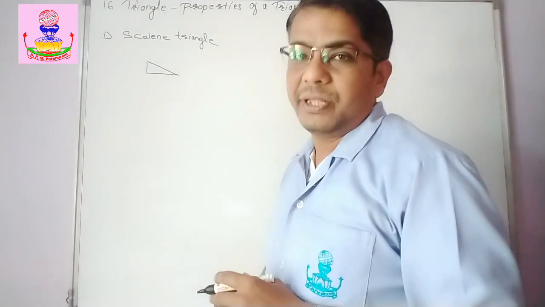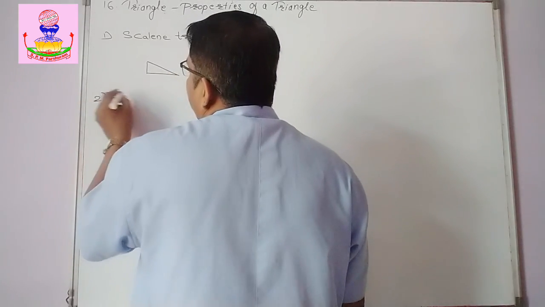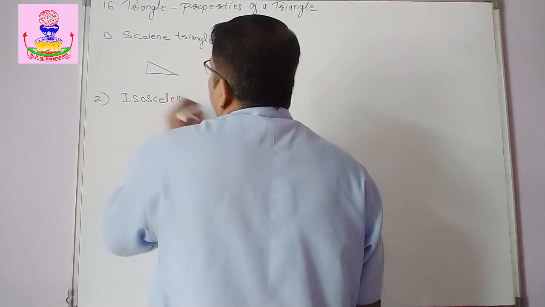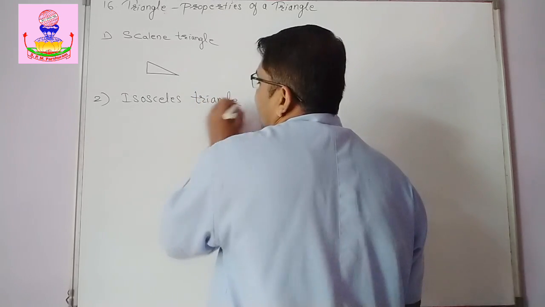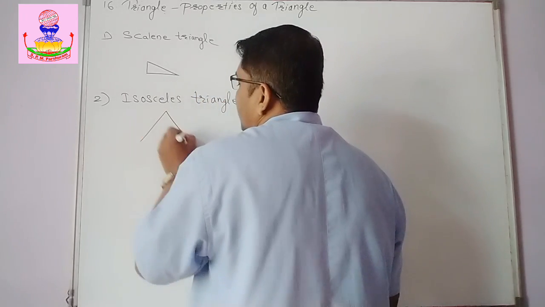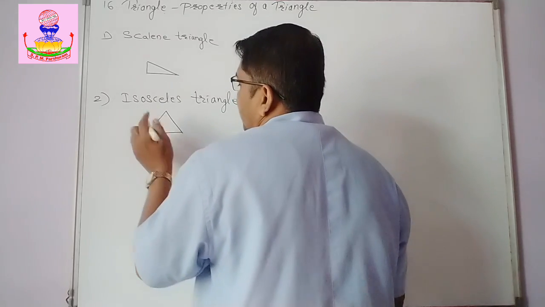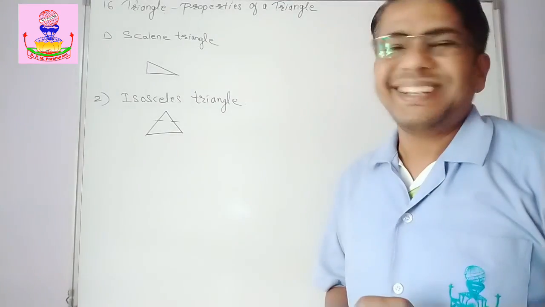Then, when any two sides are congruent or equal, that triangle is called an isosceles triangle. Two sides are congruent.